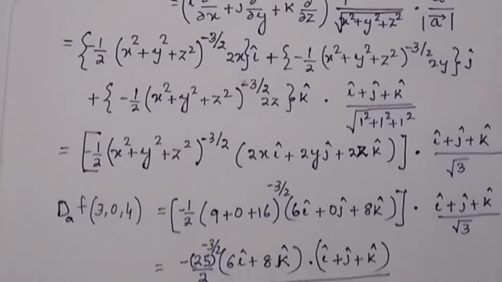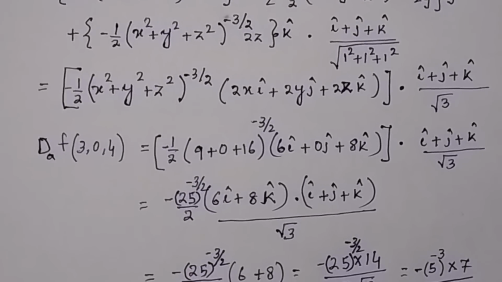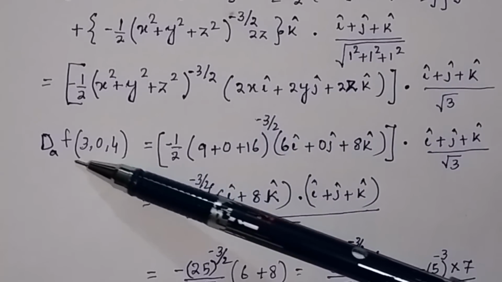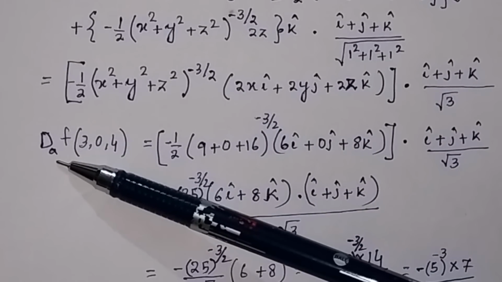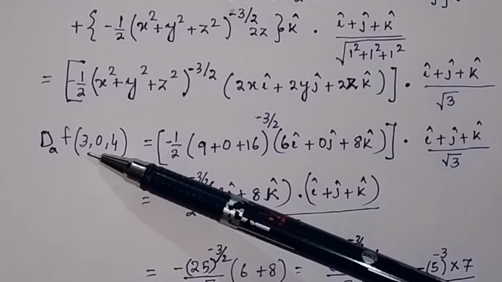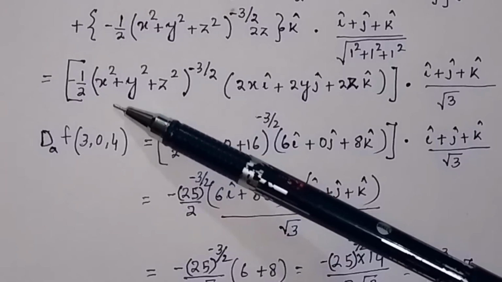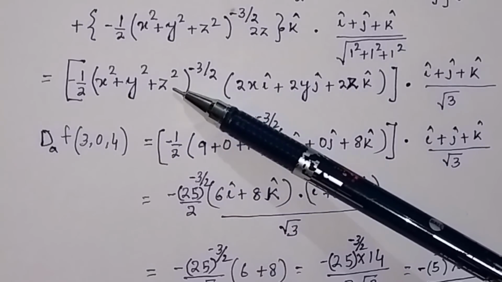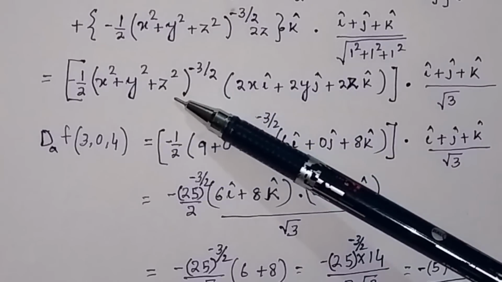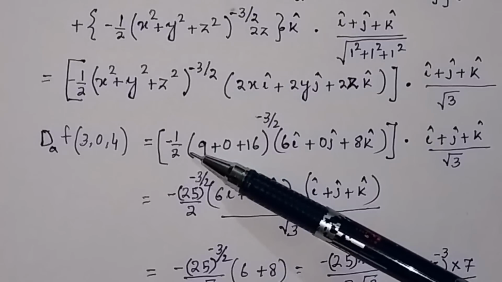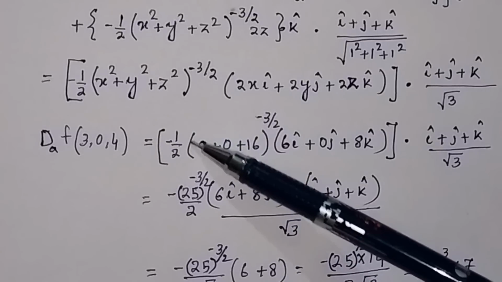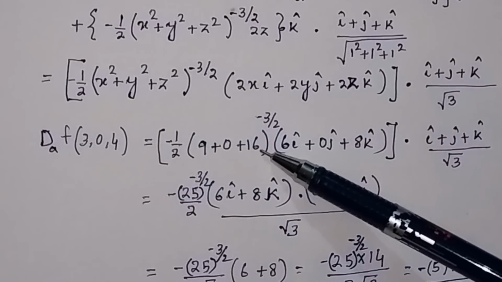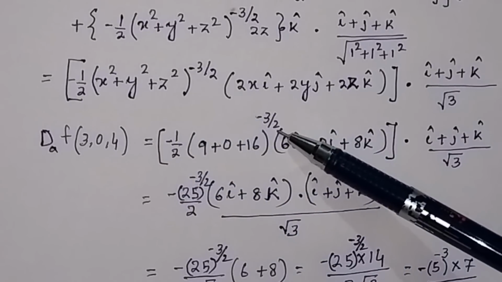So let us solve this to find the directional derivative. It is given to find the directional derivative of the function f along the direction a at the point (3, 0, 4). So if you substitute x equal to 3, y equal to 0 and z equal to 4, then it will be equal to minus 1 by 2 (3 square, that is 9, for y it is 0, and for z it is 4 square, that is 16) to the power minus 3 by 2.